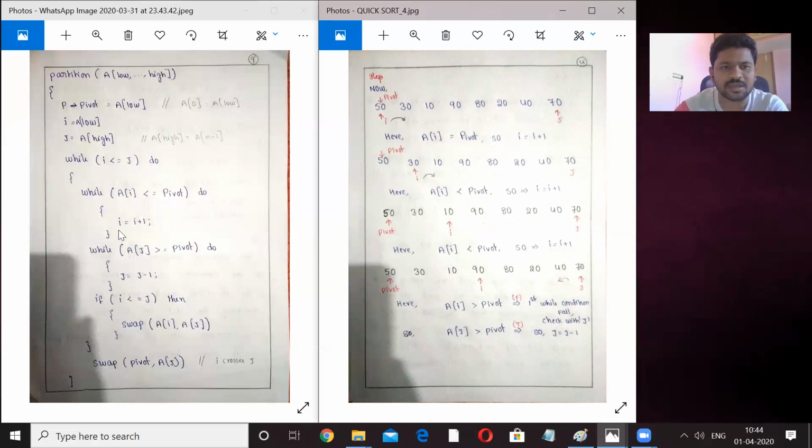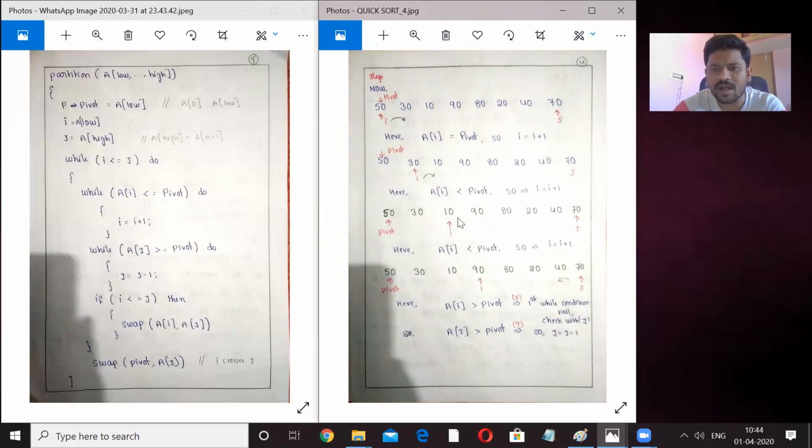So I need to increment i, i = i + 1. The i position will be incremented by 1 position. Now the A[i] value is 30 and my pivot element is 50. Now A[i] is less than pivot. If A[i] is less than or equal to pivot, I need to increment i by 1 position.